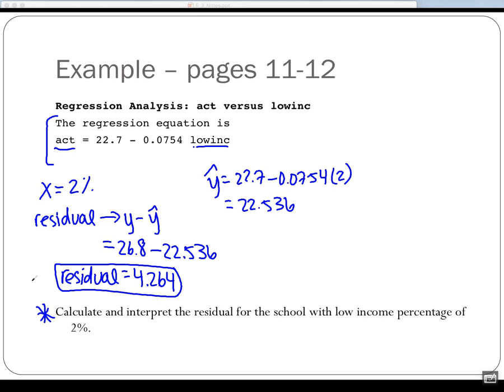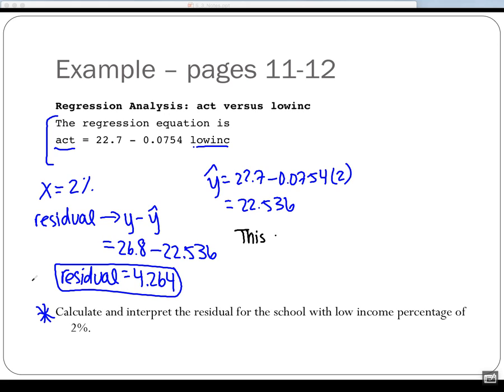Okay, that's the calculating of the residual part. We also need to interpret it. Our residual is positive, which means that our prediction was too low. So our school scored 4.264 points higher on the ACT than what the line would have predicted.